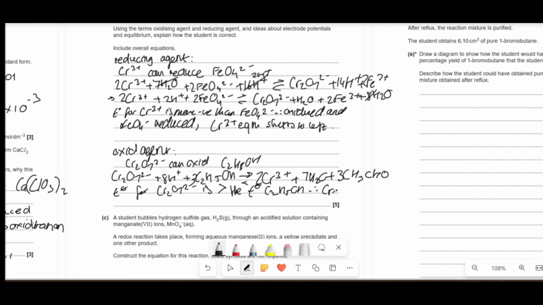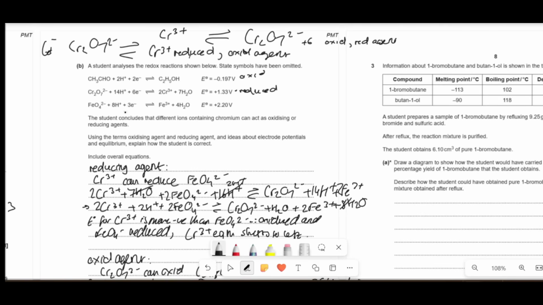Therefore, the Cr2O7 2- is reduced and the C2H5OH is oxidized. So its equilibrium is to the right, the equilibrium for Cr2O7 2-, that is. And that's how you do it. Whenever we're doing this with redox potentials, we're actually shifting equilibrium when we do that oxidation and reduction.